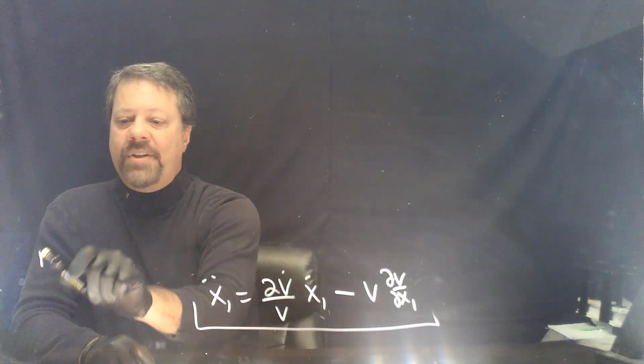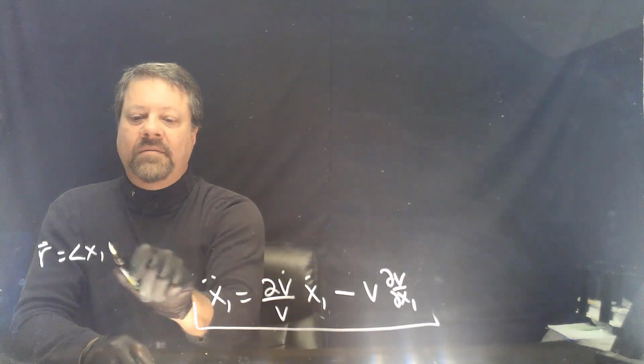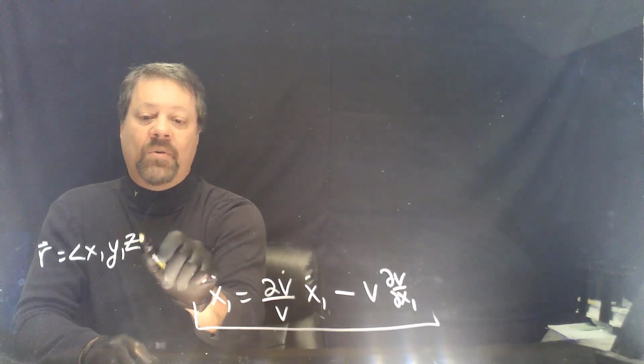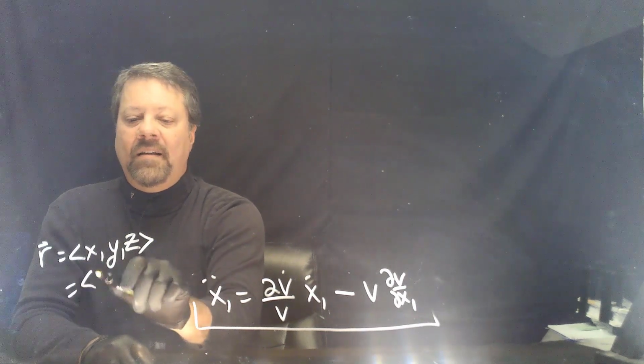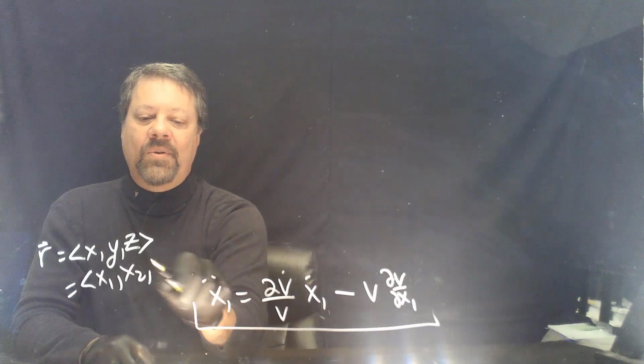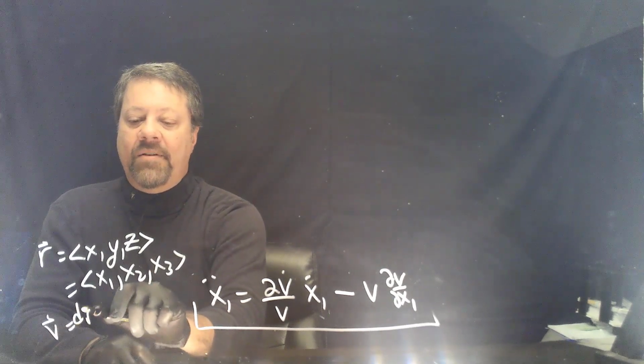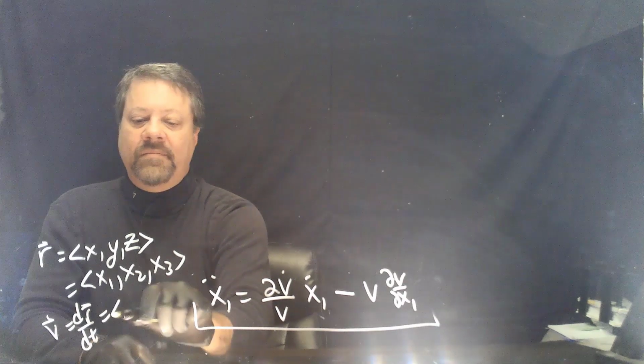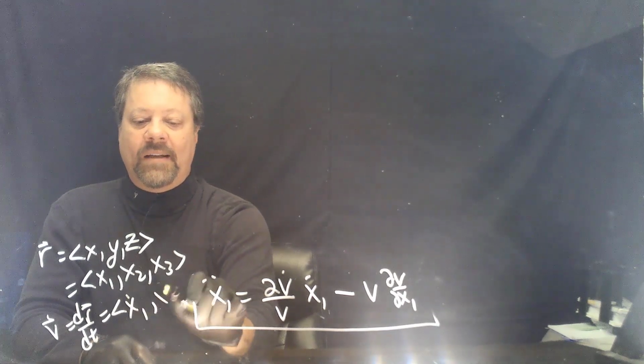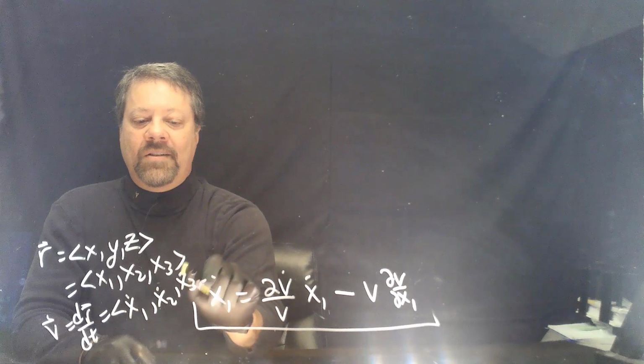Remember, our position vector is xyz, or x1, x2, x3. The velocity vector is the derivative. That's x1 dot, x2 dot, x3 dot.